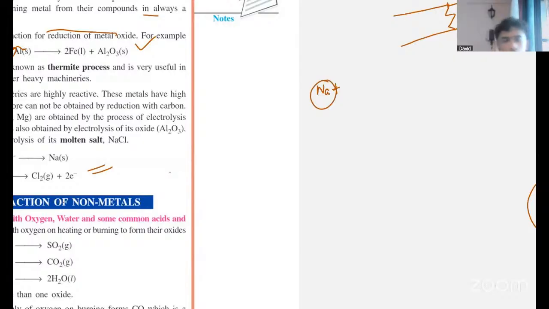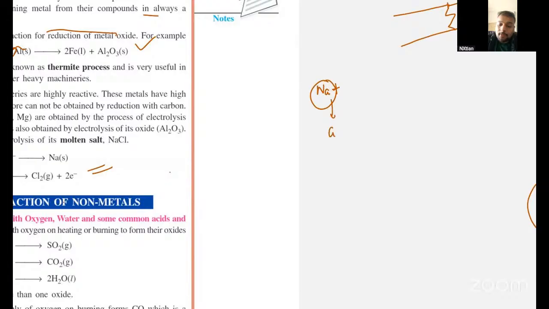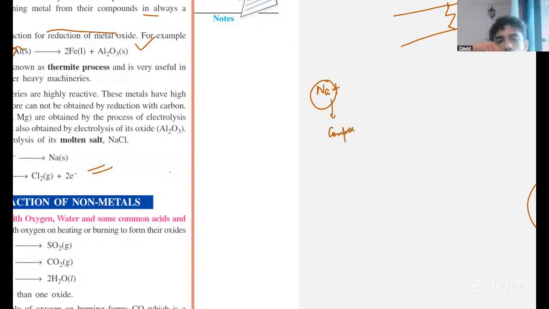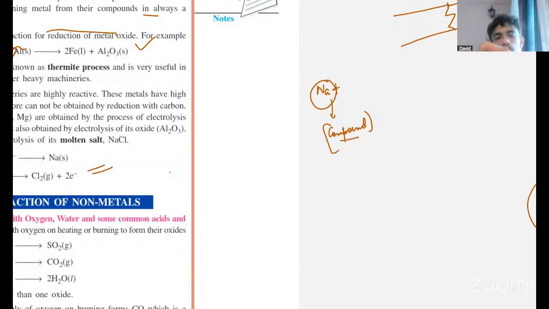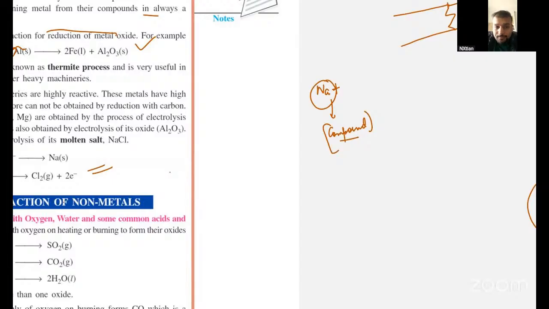So sodium will never be found in ore form, but it is found in compound form. The examiner can ask why sodium is not found in the ore form. Sodium is not found in the ore form because of its highly reactive nature. It can react with oxygen, and it will blast. That is why it is found in compound form.